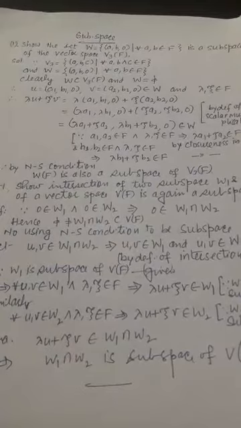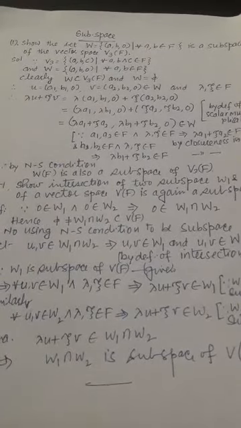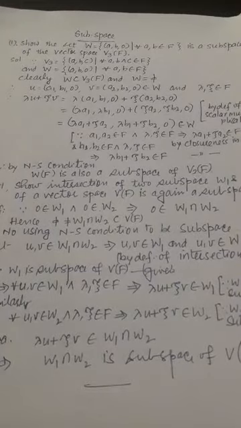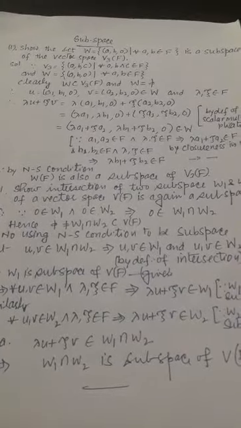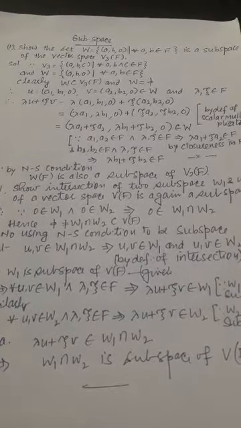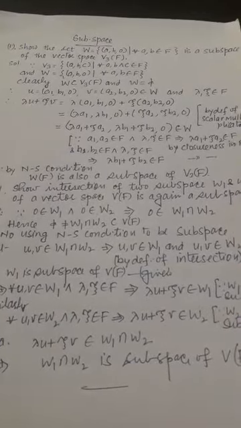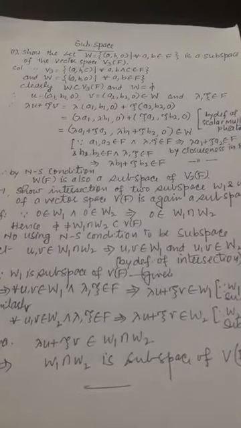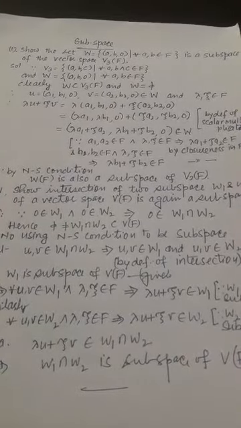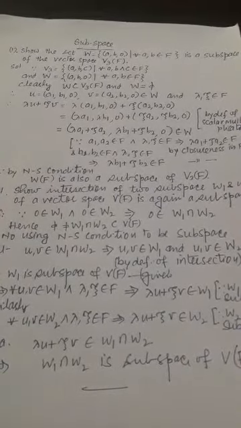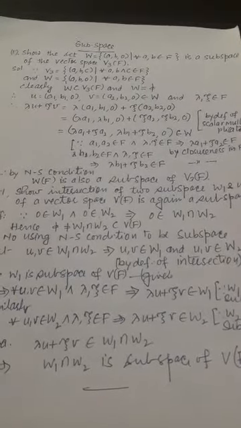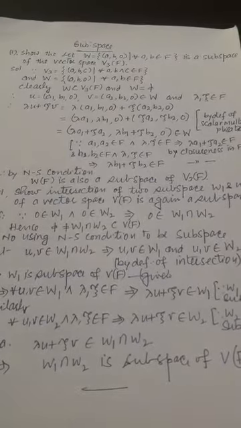finally we find (lambda a1 plus xi a2, lambda b1 plus xi b2, 0). This element belongs to F. How can we say? Since lambda, a1, xi, a2 are the scalars, in scalar multiplication is closure.